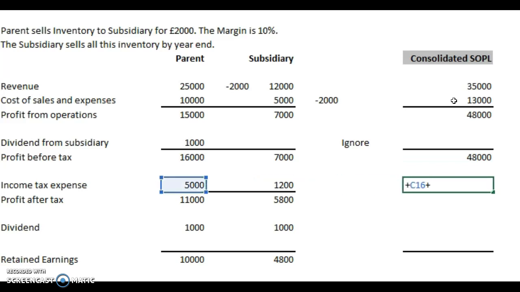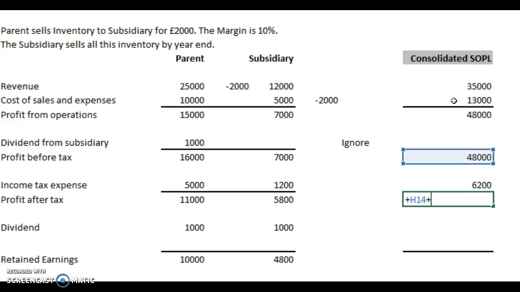These are exactly the same, no changes here. Add across income tax for the parent and the subsidiary. That means the profit after tax is just the profit before tax minus the tax.